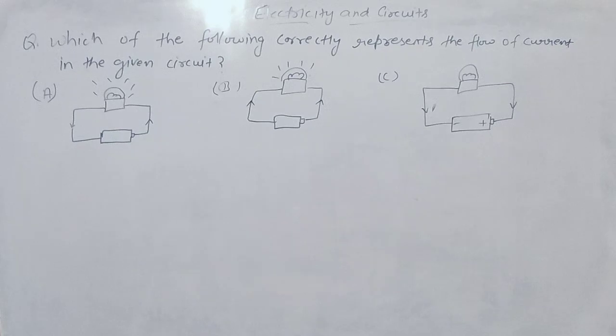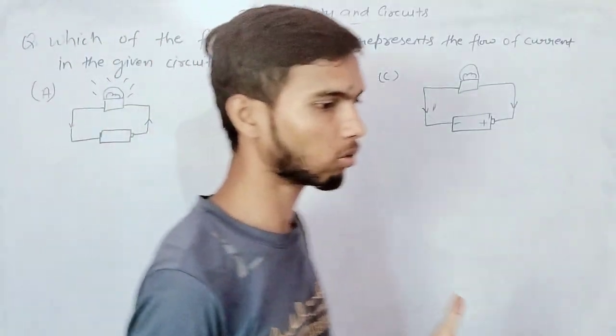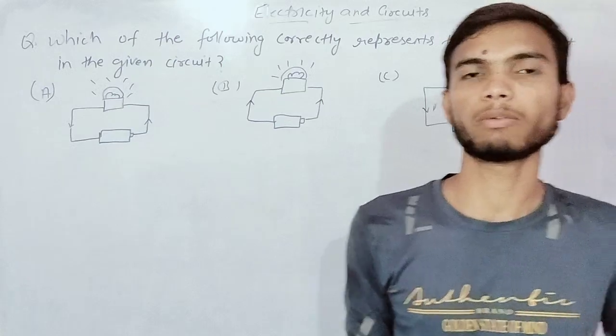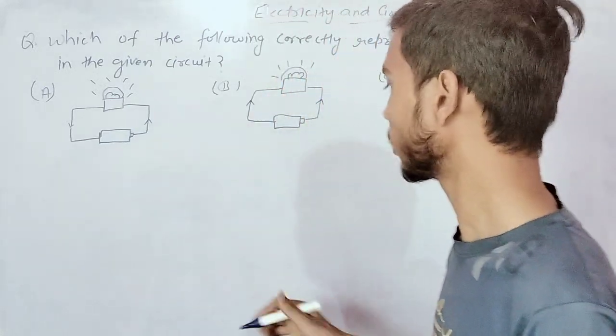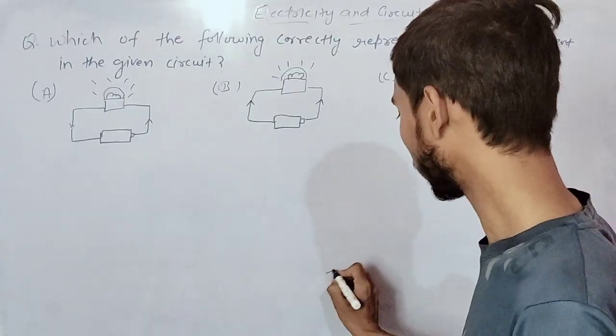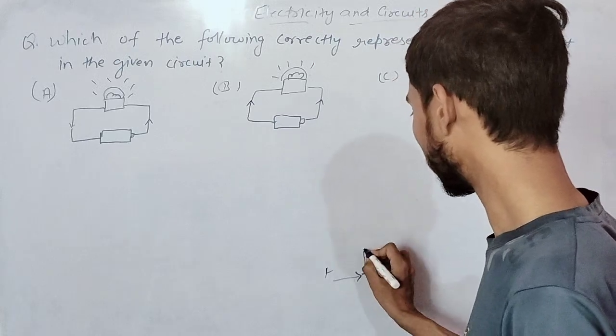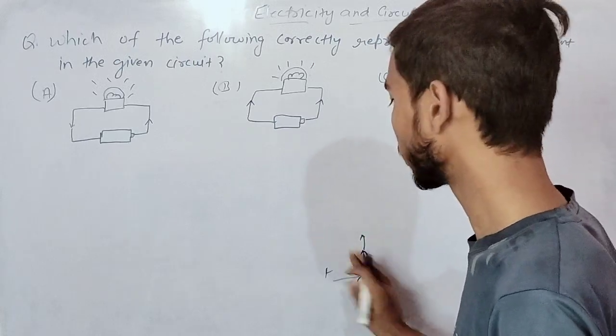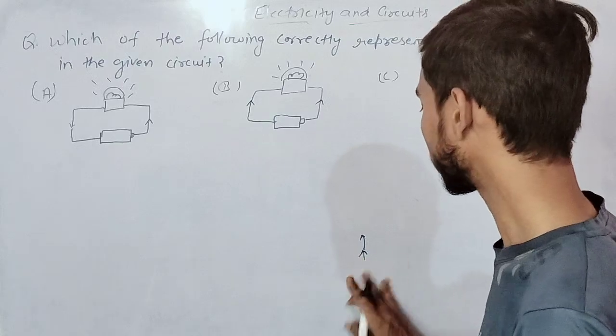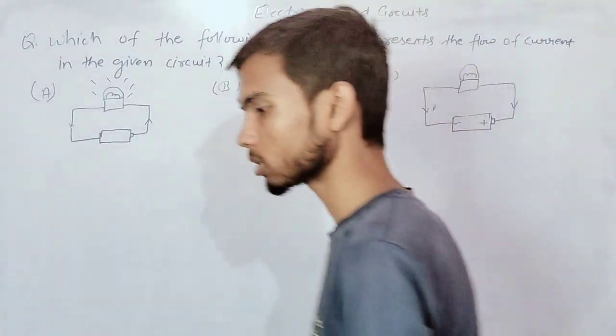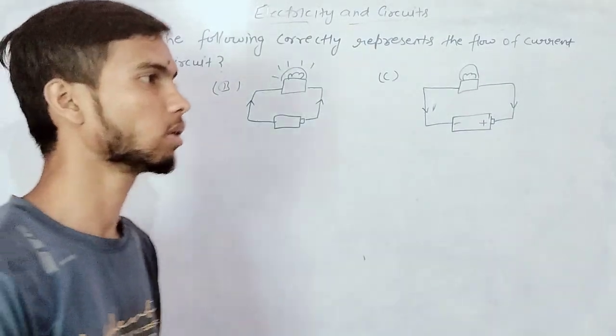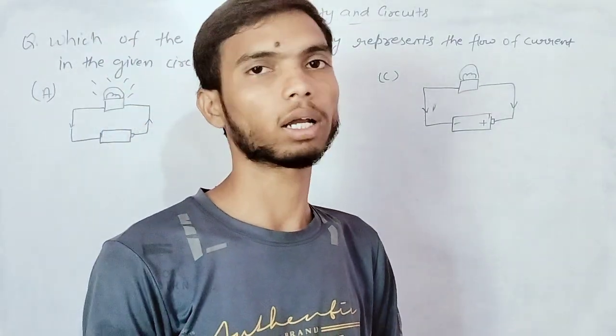We saw one concept in which we were understanding the flowing of a current. Flow of a current will be like that. It will start from the positive terminal like that, then like that. So electrons start from the positive terminal and it ends on the negative terminal.